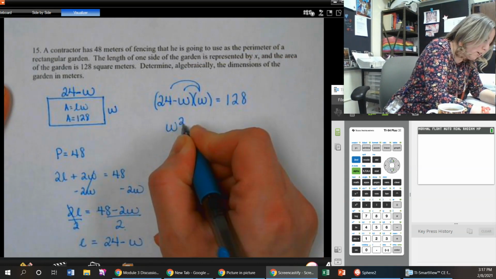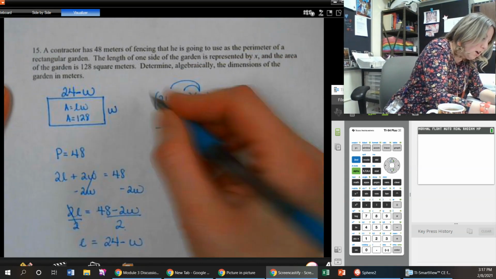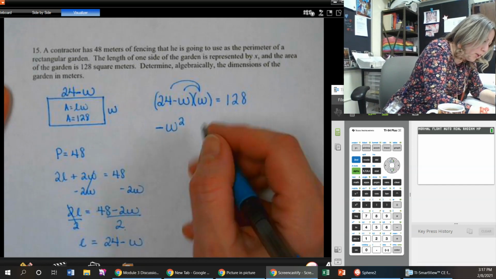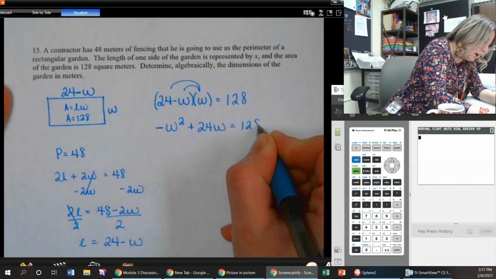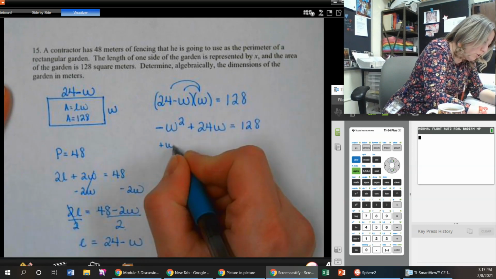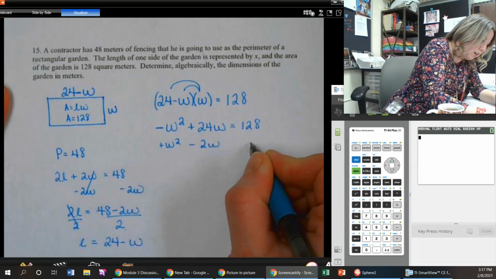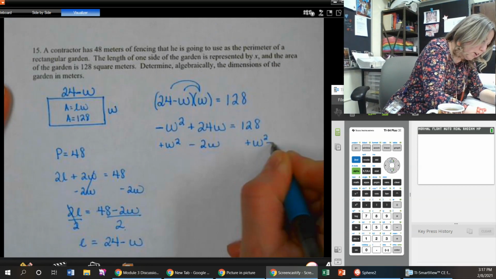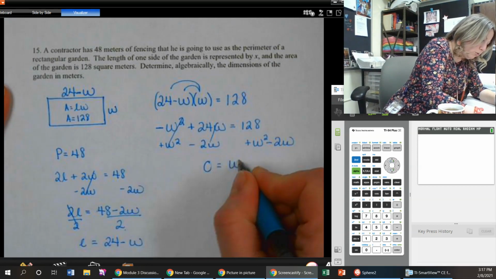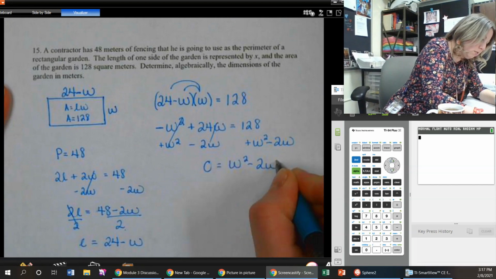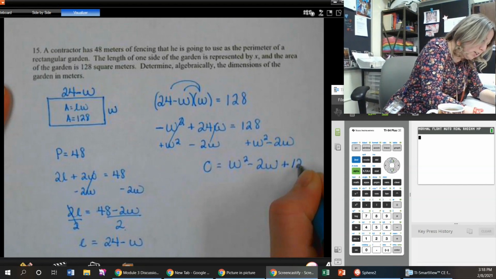So it's negative W squared, excuse me, and then plus 24W equals 128. But I need that to be positive. So let's move these guys over. Positive W squared and minus 24W. 0 equals W squared minus 24W plus 128.